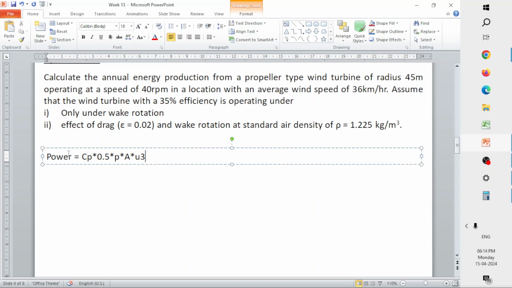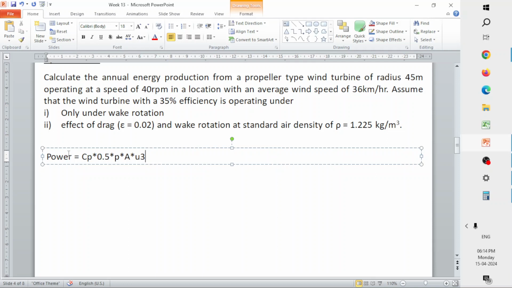So here we know that power is nothing but Cp times 0.5 times rho times A times U cube. A we can calculate because we have the radius of the rotor of the wind turbine. Rho, they have asked us to assume the density as 1.225. U is the average wind speed, that is given as 36 km per hour.